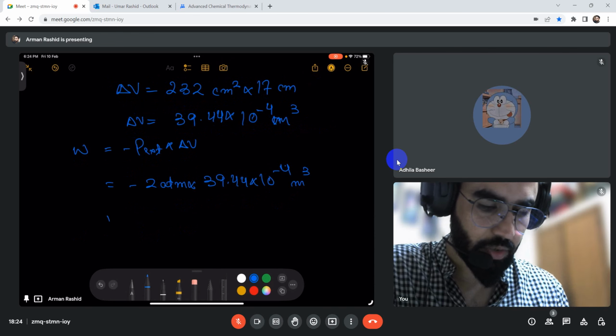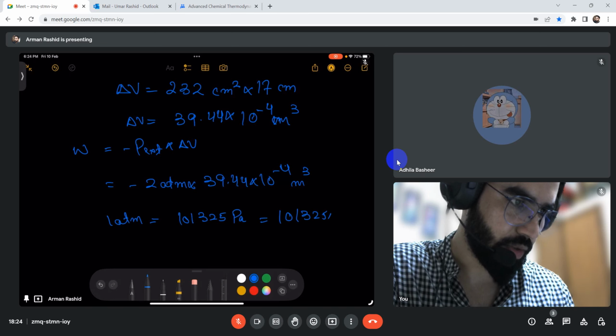We also know that 1 atmosphere is equivalent to 101,325 pascals, or in other words 101,325 Newton per meter square, because 1 pascal is equivalent to 1 Newton per meter square.